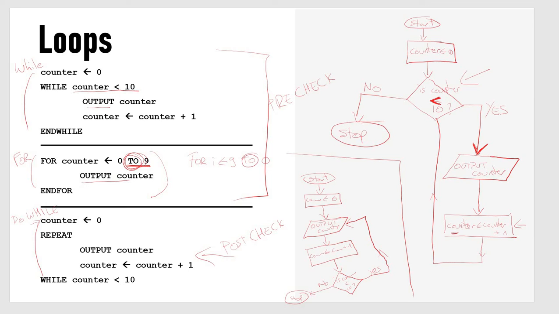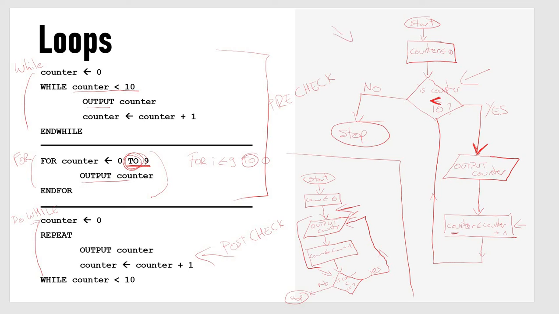You can see in this section right here, there's nothing stopping this instruction from being executed. So these two lines of code will definitely be executed at least once before the condition is checked.